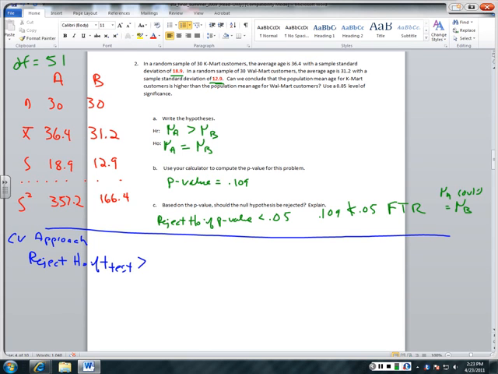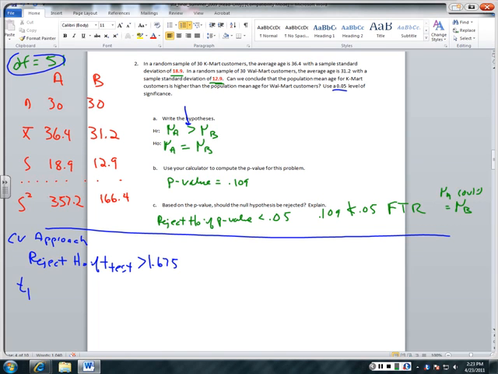On our t-table, this is a one-tailed test, and alpha is 0.05, and we have 51 degrees of freedom, so that's 1.675. We had our degrees of freedom right here. Since the hypothesis was greater than, that's a one-tailed test, and we've got our alpha up here, so that's where I got the 1.675 from.